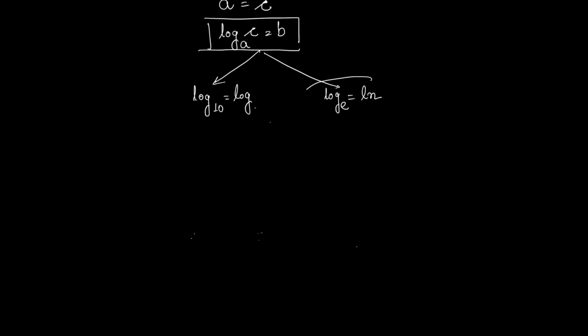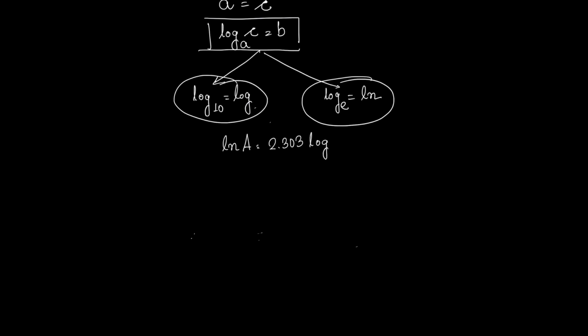In physics and chemistry, ln is used, but working with log base e is quite difficult, so we make it easier by using log base 10. And what is the relation between them? ln a would be 2.303 log a.